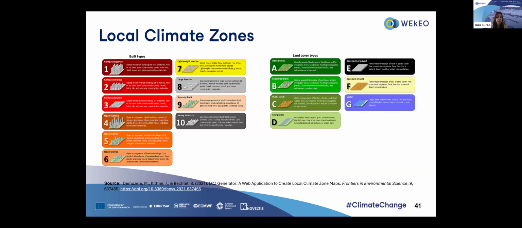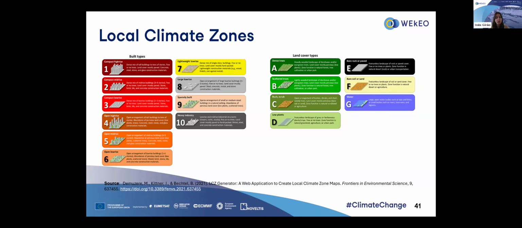On the left, we have the build types ranging from compact high-rise areas like city centers with dense vertical constructions to lightweight or open low-rise structures found in suburban or informal settings. These categories reflect both morphology and material, which directly influence thermal and pollution dynamics. For example, how much heat is retained, or how air circulates, or how surface runoff behaves.